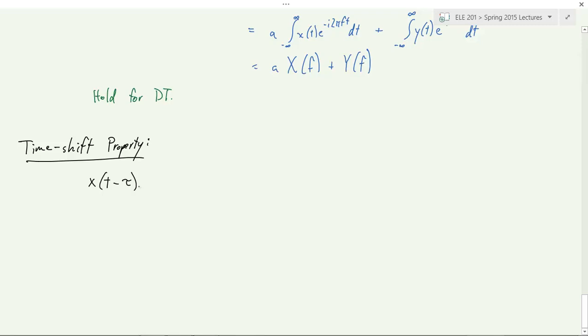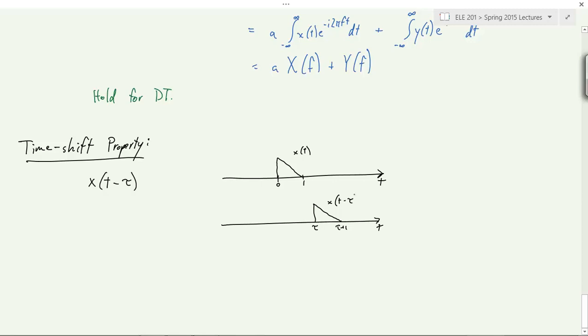It's a shift horizontally, right? So here's t, 0, 1. Let's say here's our signal x of t. Then x of t minus tau is something like this, where this is tau, and that's tau plus 1. If this was x of t, then that's x of t minus tau.